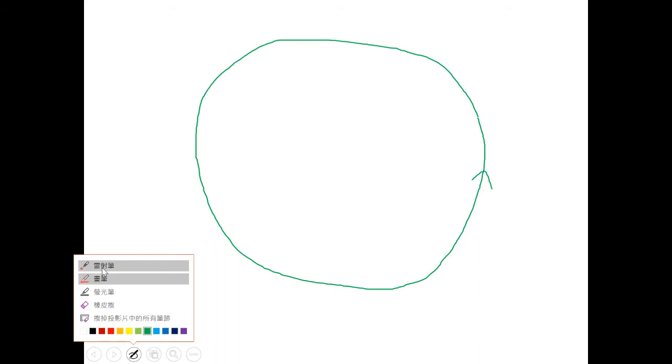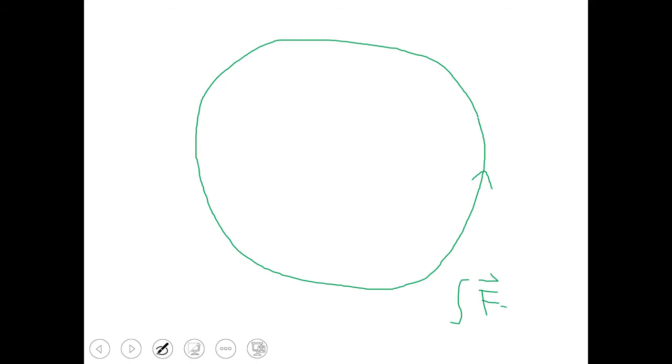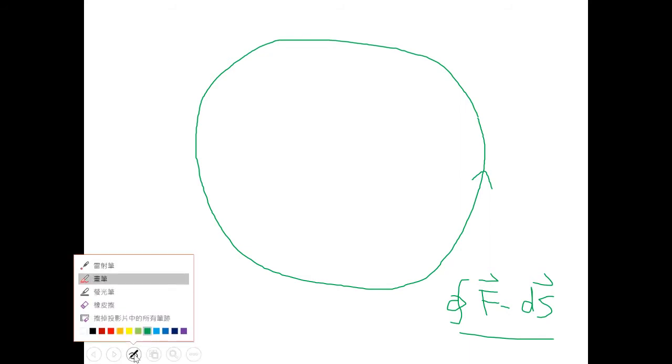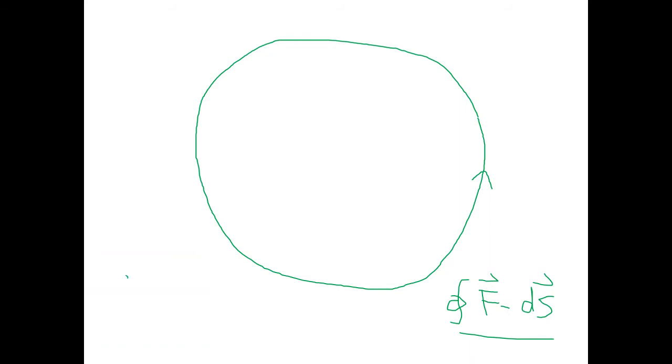Originally, you want to calculate the line integral, but it will be equivalent to this. It is actually a double integral, but you calculate the curl of F over the surface. The surface is bounded by this contour.